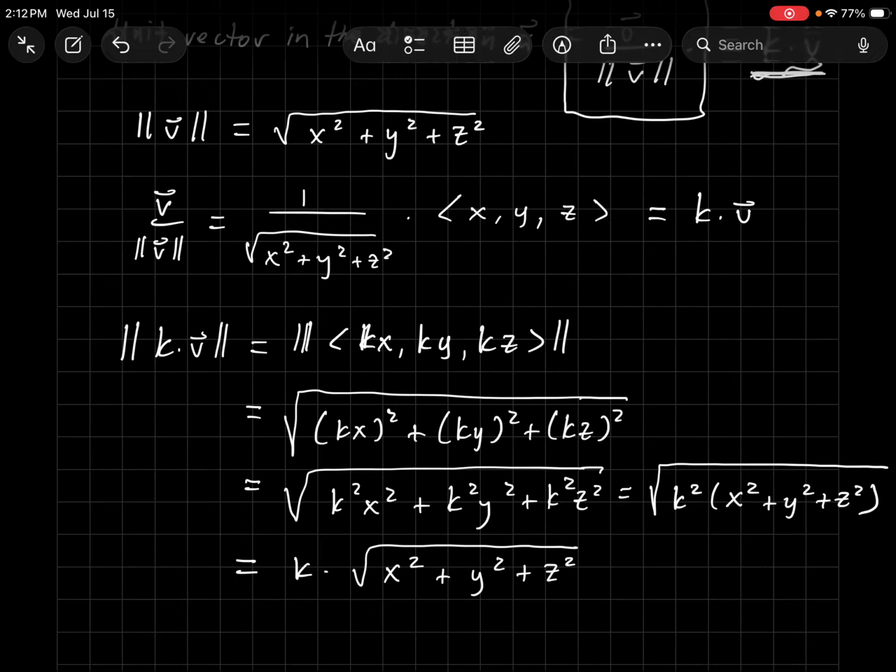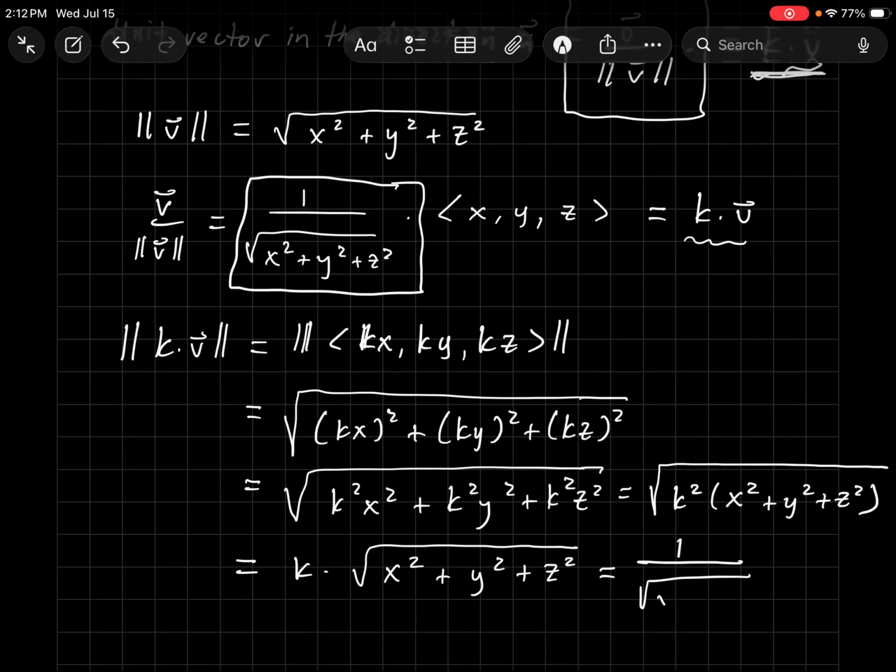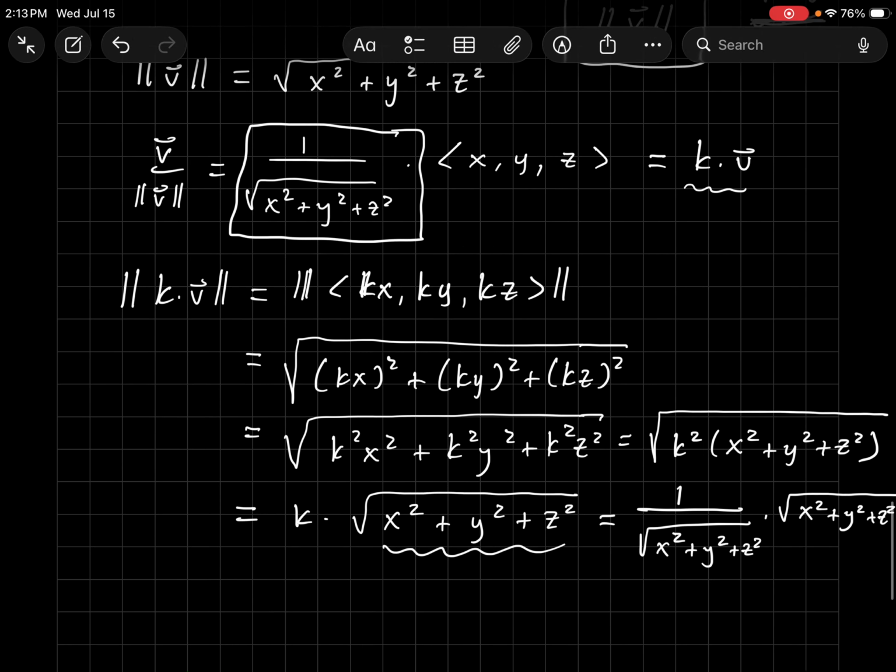Now, from up top, how we define k, we said kv, and then we did a little bit of work. k, in this particular problem, is 1 over the square root of x squared plus y squared plus z squared, and then times this other square root, the square root of x squared plus y squared plus z squared, which gives us a value of 1.